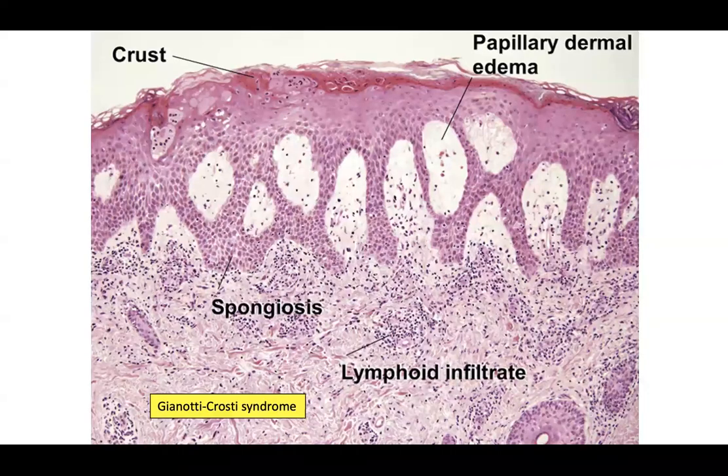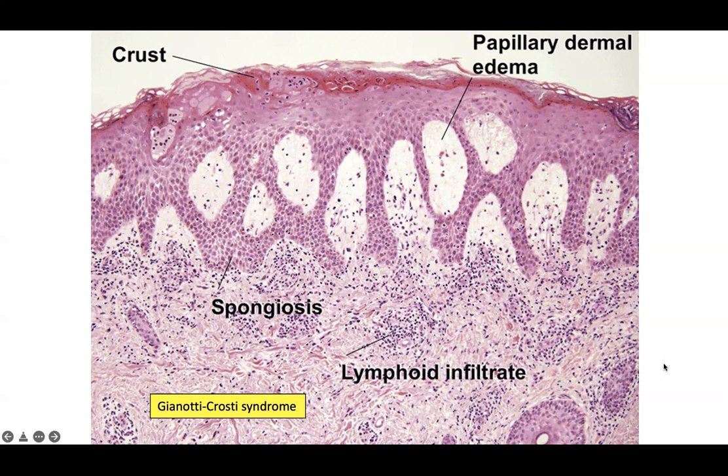So on biopsy, if you had no idea what the clinical was, it would be difficult to get the diagnosis. But what you see are areas of crust, some serum in that crust, some papillary dermal edema, epidermal spongiosis, a lymphoid infiltrate.